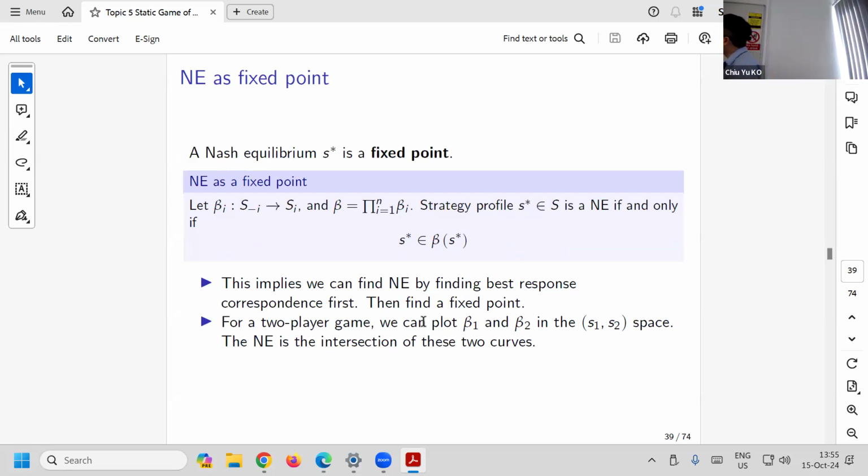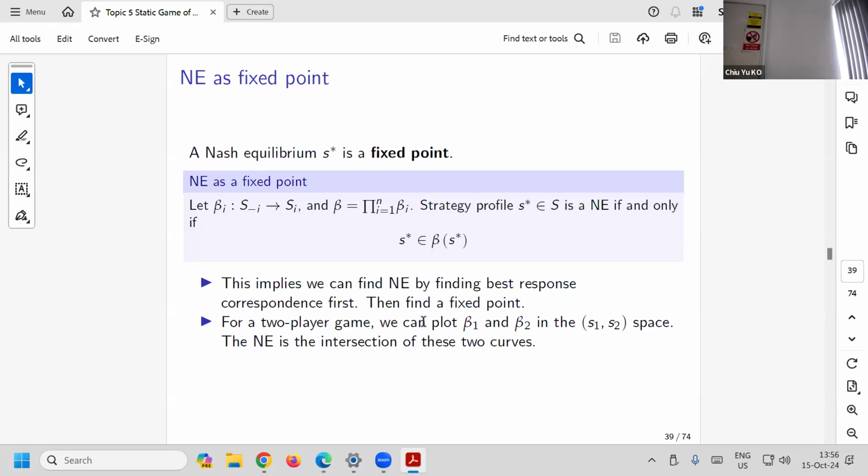Now, finally, we come to the most abstract definition of Nash equilibrium. It's called a fixed point. We collect the best response correspondences of everyone, and a Nash equilibrium will be a fixed point of that list of best responses.